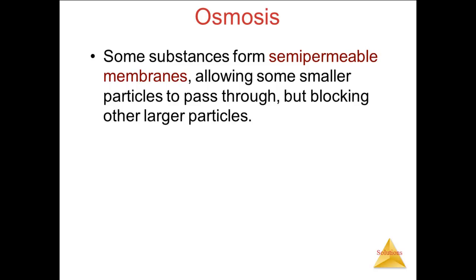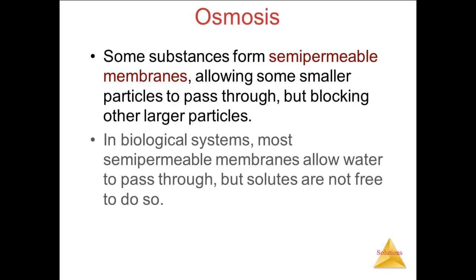Osmosis is a very important property in biological systems. When we have a semi-permeable membrane, large molecules cannot pass through the membrane, but small molecules can. Most cell membranes are semi-permeable membranes, which allow water to pass through, but do not allow solutes to pass through.